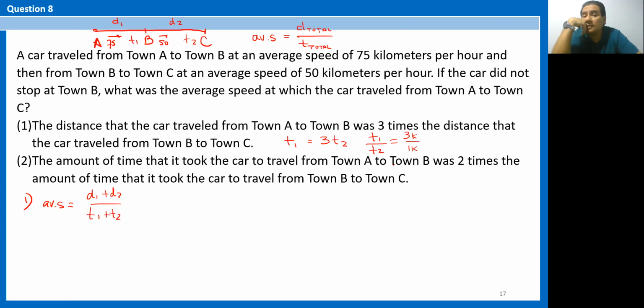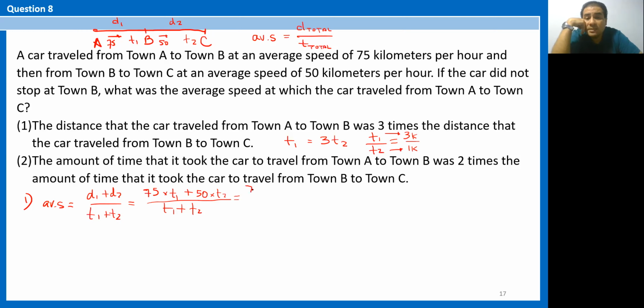3k over 1k. So what about if I express the distance in the first span as the product of the speed, 75, multiplied by the time in the first span? And distance 2 would be the speed multiplied by the time 2. But notice what is going on here if we replace everything in terms of these equivalences using the auxiliary constant k.